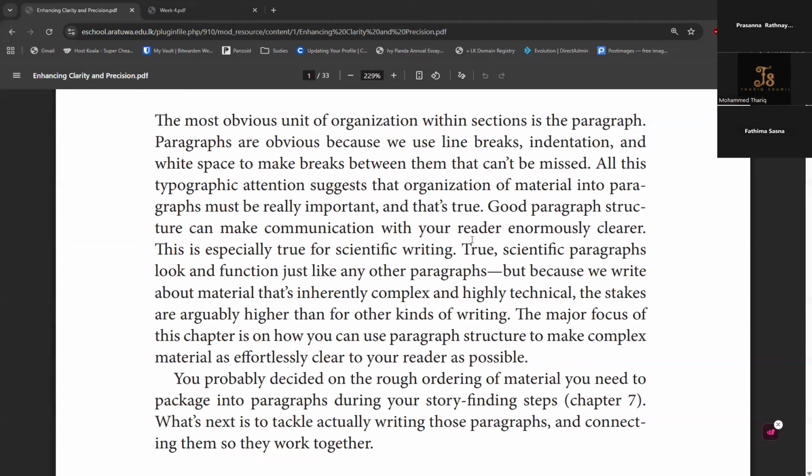Hope you are done. Now, both of you have to tell me exactly what this opening paragraph says.